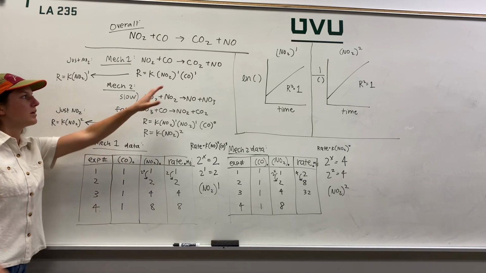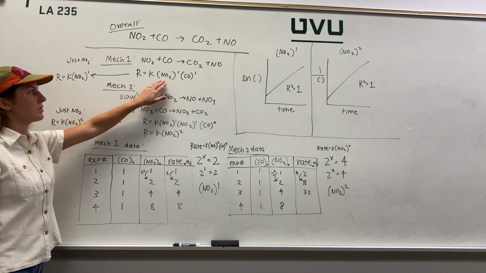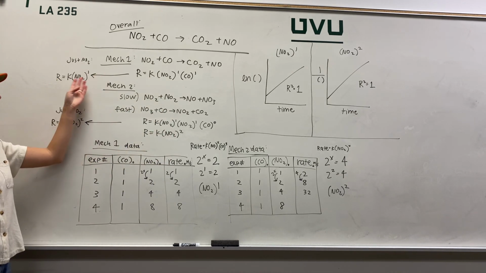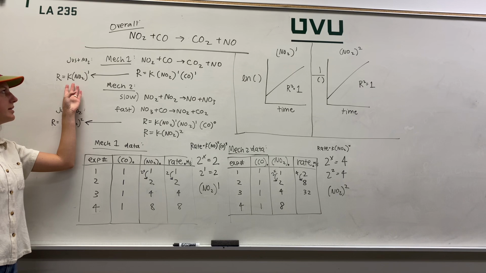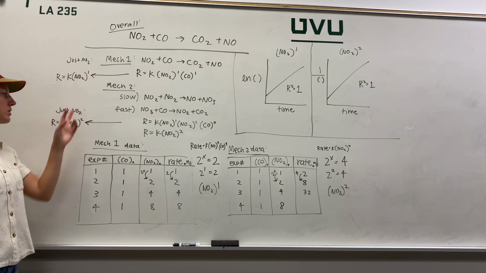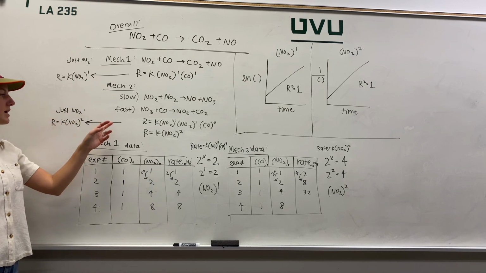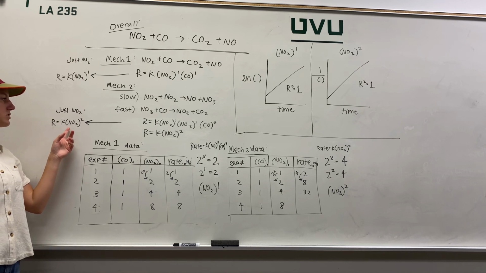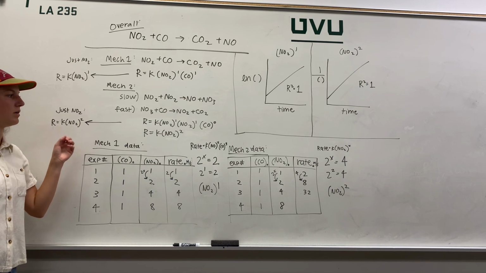For the first mechanism, it's proposed to be nitrogen dioxide to the first order, and for the second mechanism, the rate is equal to the K constant times NO2 to the 2nd order.